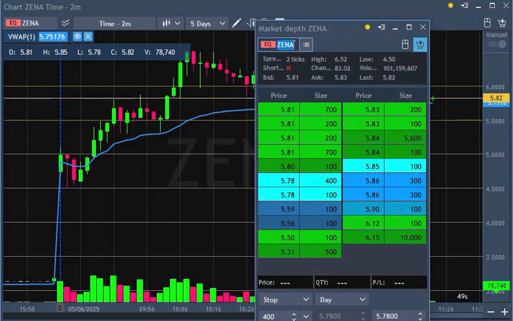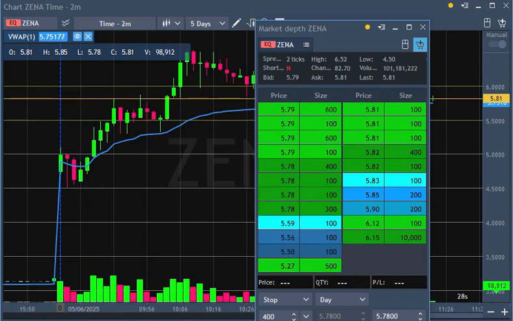You can see this huge pickup in volume in ZENA, 100 and something million shares traded versus less than I think 5 million on a normal day.